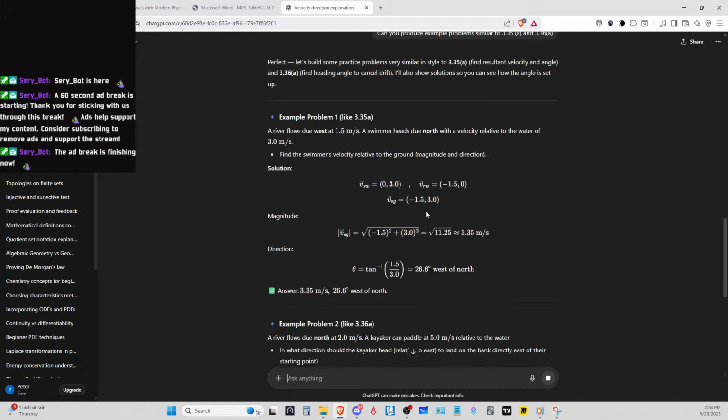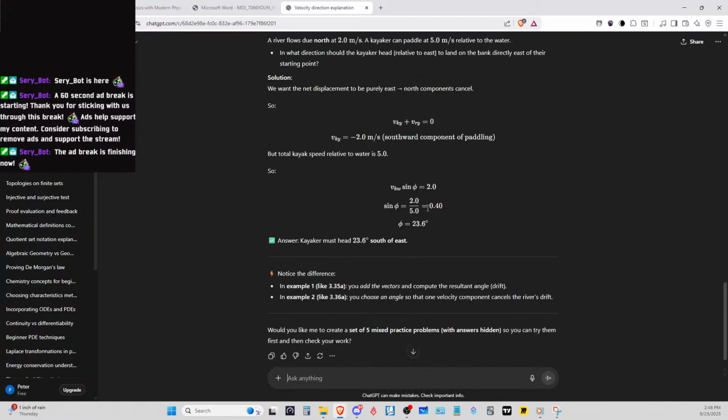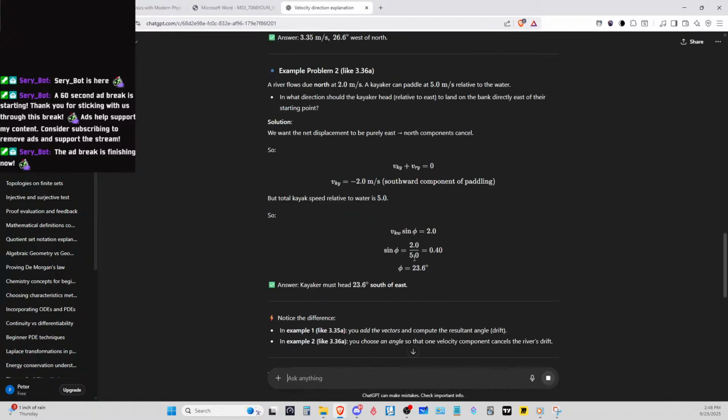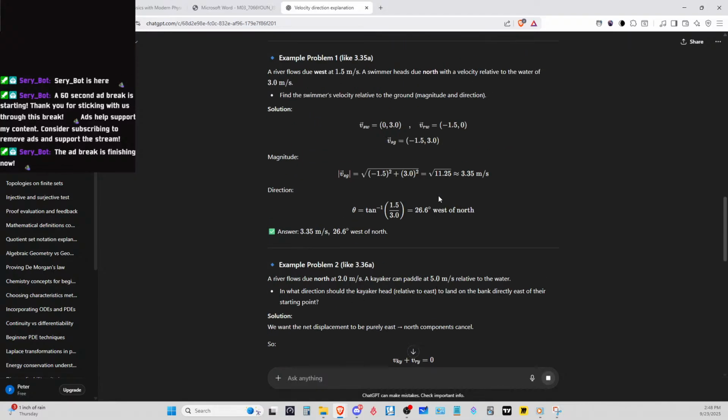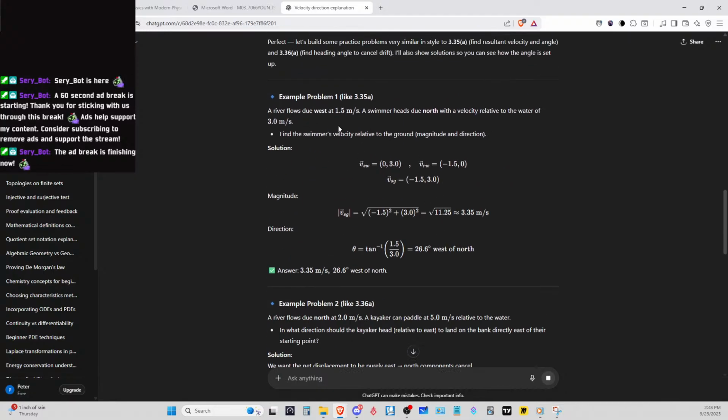Oh, it gave the answer, I don't like that. Yes. At least it asked me that, so I don't have to type it over. So let's see this example. A river flows due west, and a swimmer heads due north with a velocity relative to the water.